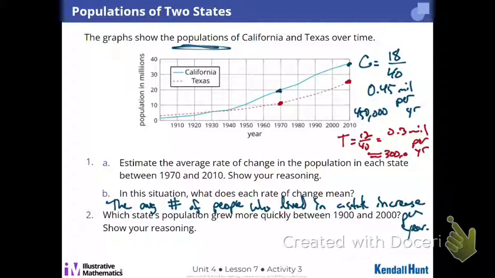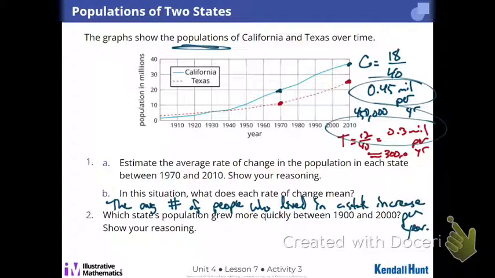No, because 300,000 extra people per year in China, is that as significant as 300,000 extra people per year in Texas? It's different, right? So sometimes we might even want more information, like what is this in relation to the total population, or population growth that's normal with most places? But these numbers would give our average rate of change per year for these places.